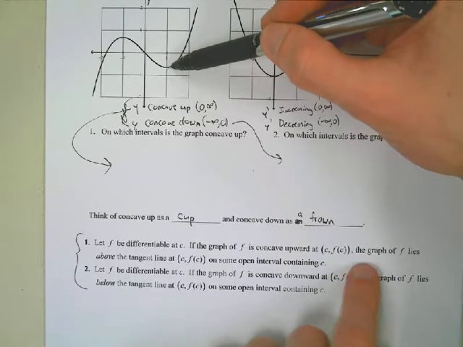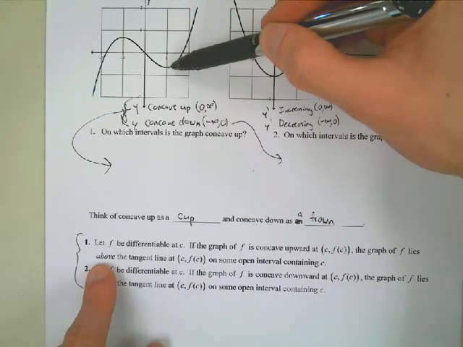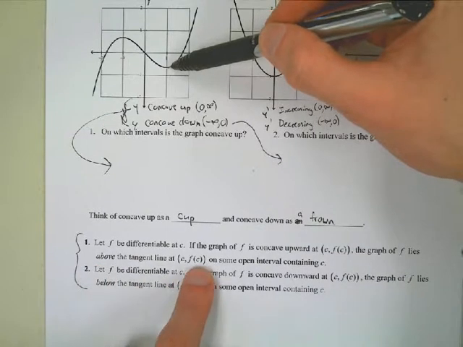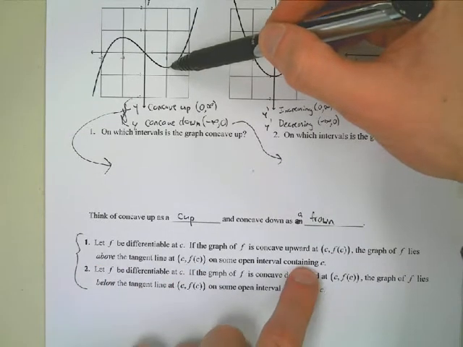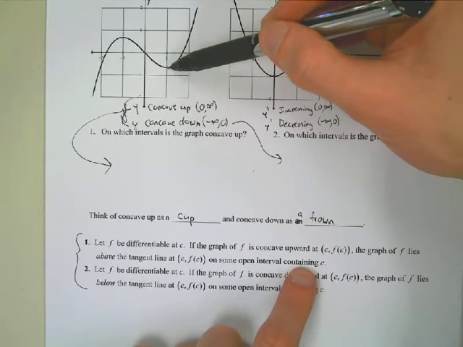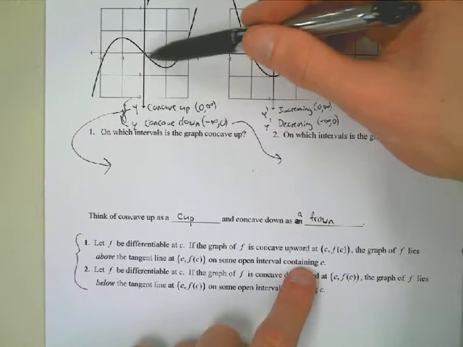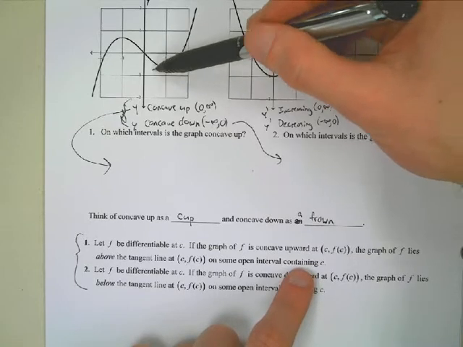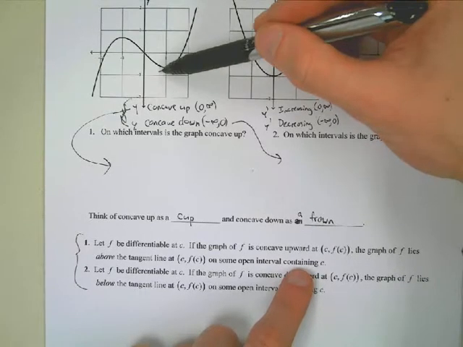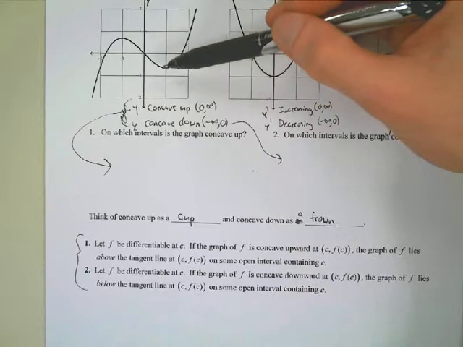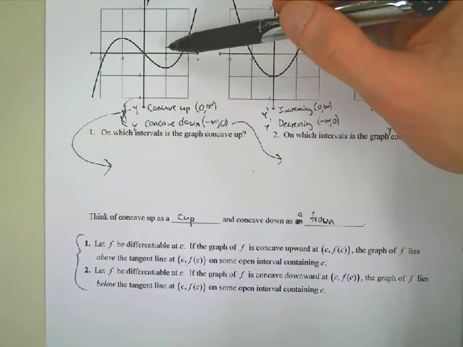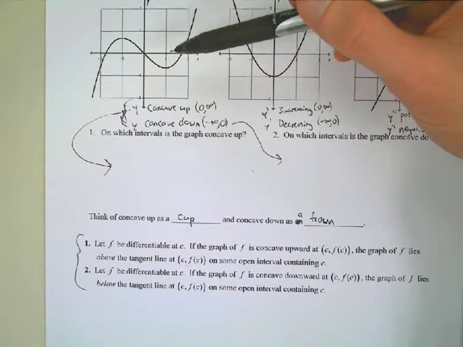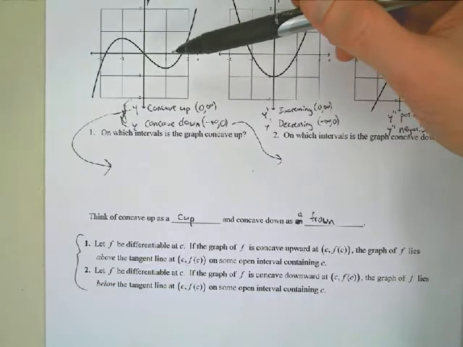So, for example, here, the graph is concave up, like a cup. The tangent line, where would that lie? It would be below the curve, right? The tangent line is going to be right there. It will be below the curve. So concave up, the tangent line is below the curve, or the curve is above the tangent line, however you want to say that.